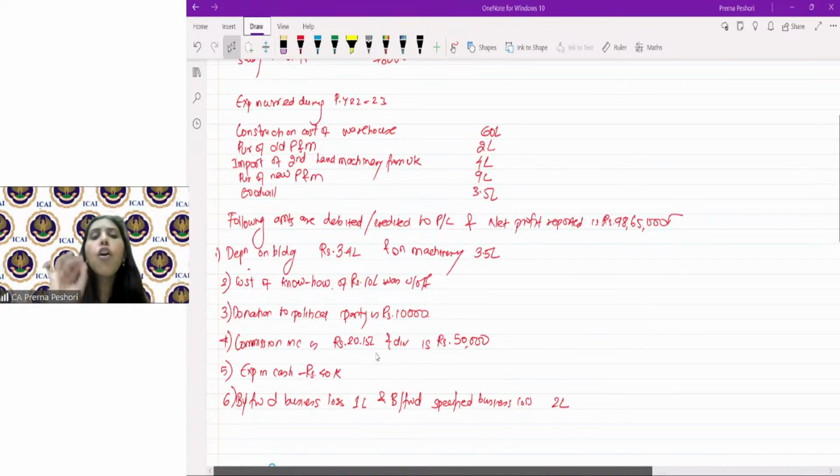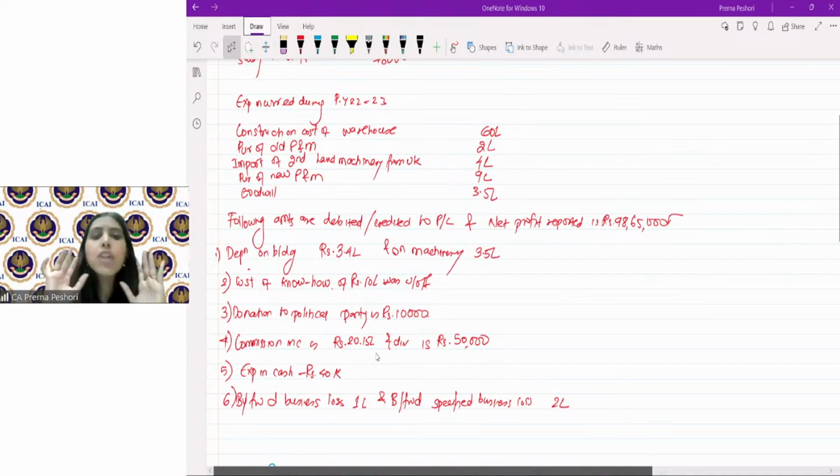It will not be considered as violation of 35AD, even if the business is formed with the old plant and machinery.